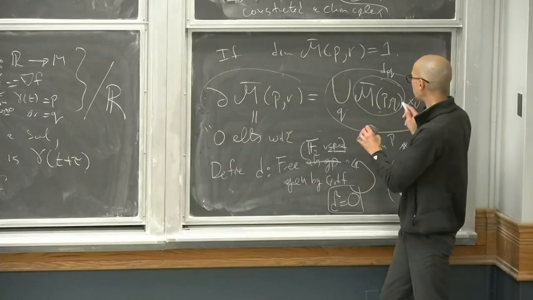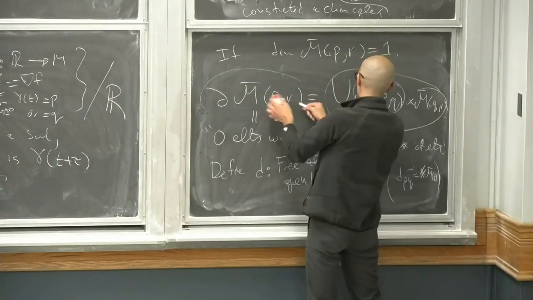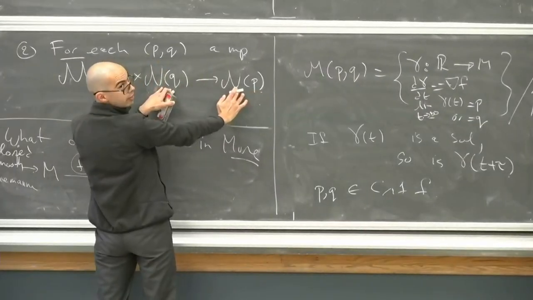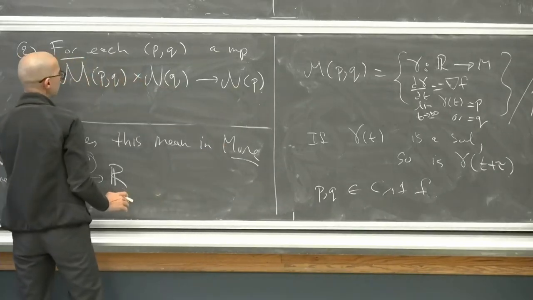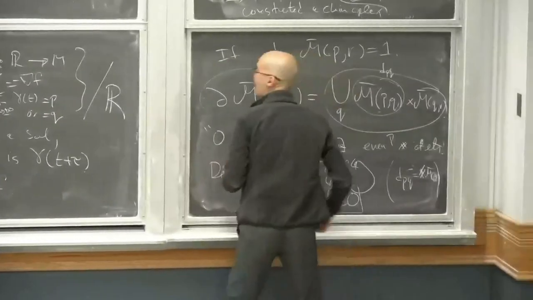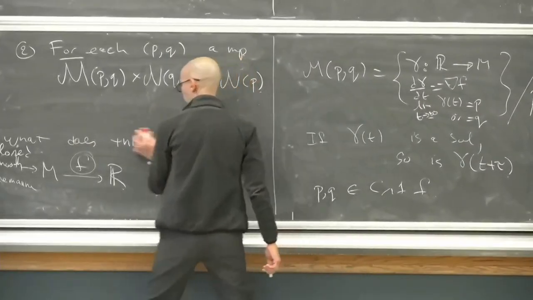There, I have things that go from P to R, and the boundary of the thing that goes from P to R is things that go from P to Q and Q to R. Here, the only difference is that on this side I only have one variable. If you like algebra, you're probably already thinking this M PQ looks like a category, and this N looks like a module. And that is indeed correct.